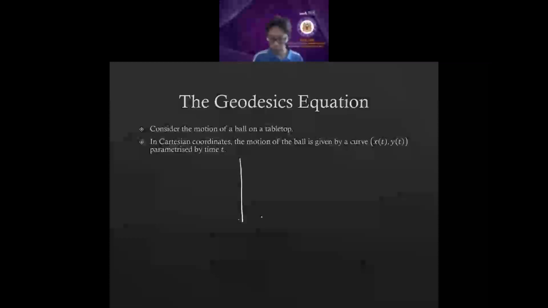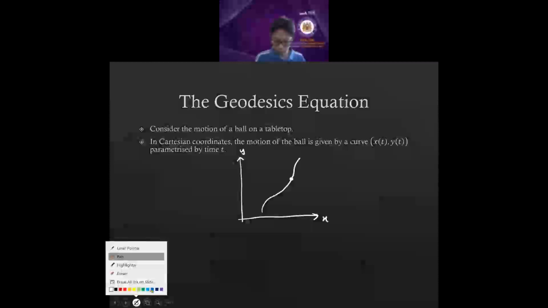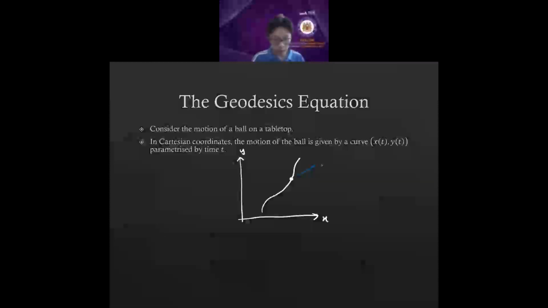So this is the Cartesian coordinates, and this is the curve. At any time, we can describe the position: if this is the position at time t, the coordinate is going to be x at t and y at t.